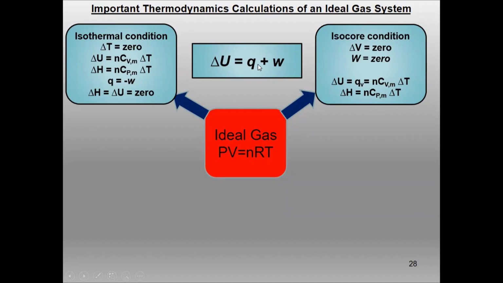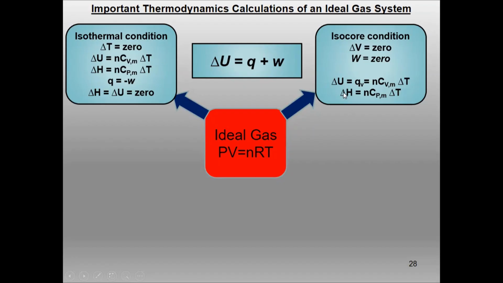And delta U will equal Q because that's, again, according to the first law of thermodynamics, W is 0 here. And what is delta U equal to? Equal nCvm delta T. You will be provided with Cvm, you're provided with the number of moles, and you're provided with the temperature change. So you can calculate delta U and Q.